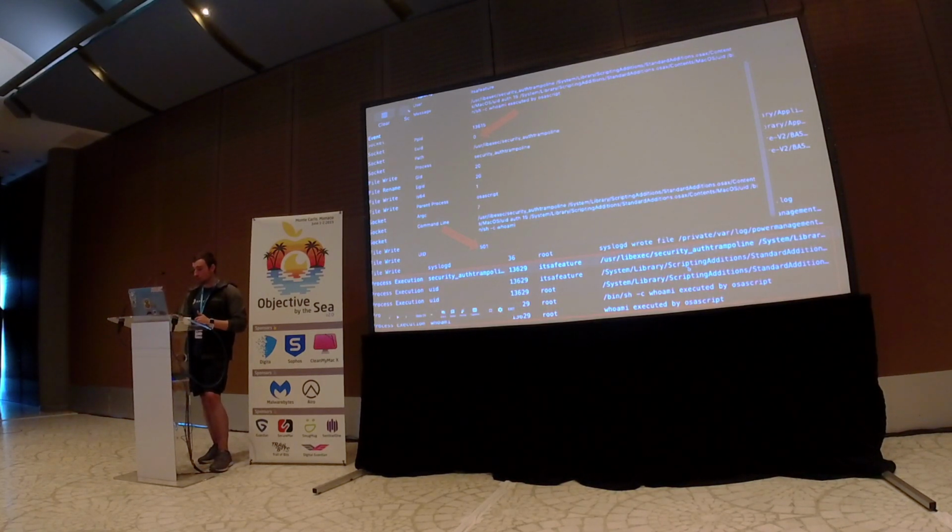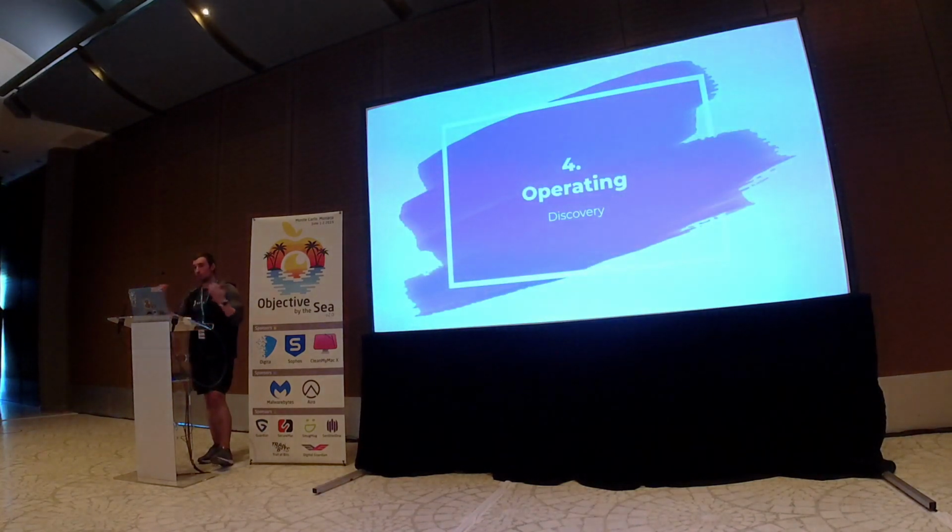You can see scripting additions getting launched multiple times, boiling down to root, which in essence comes down to, again, bin-sh-c who am I, and who am I. So you need to know what's happening under the hood. Don't necessarily look for sudo happening as an indication of some adversary using elevated permissions, right? There's a whole bunch of different ways that you can go about doing this. So that's execution.